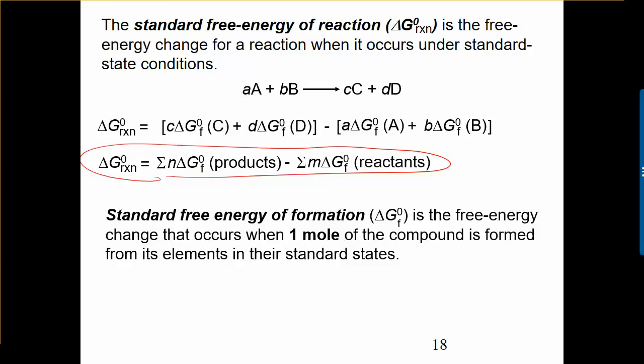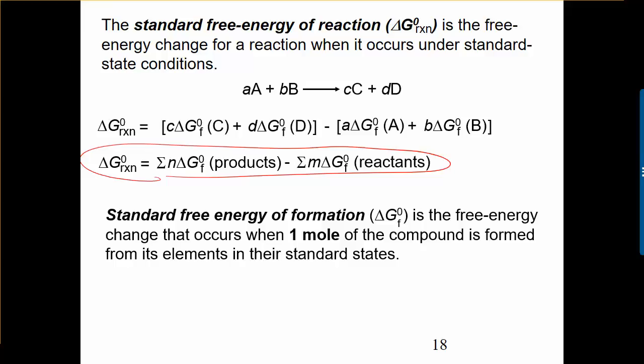Products minus reactants. The sum of the products minus the sum of the reactants. Okay? And your delta G is the energy change that occurs when 1 mole is formed from its elements in their standard states.